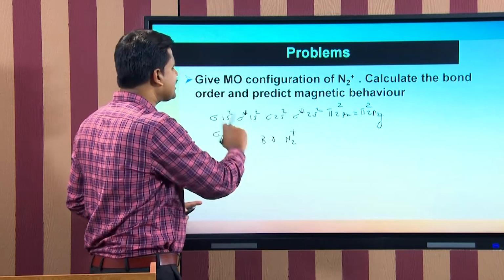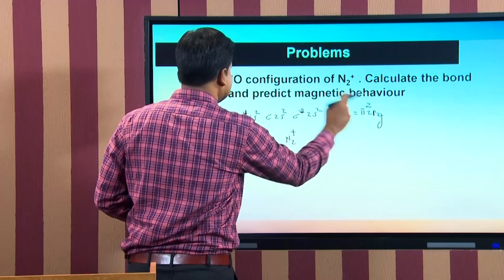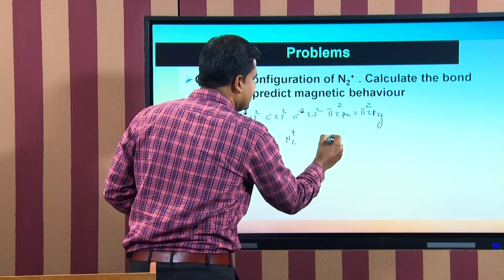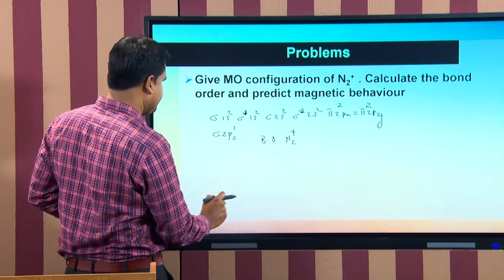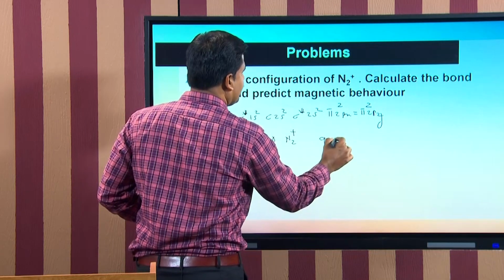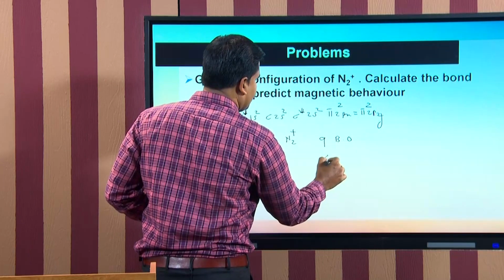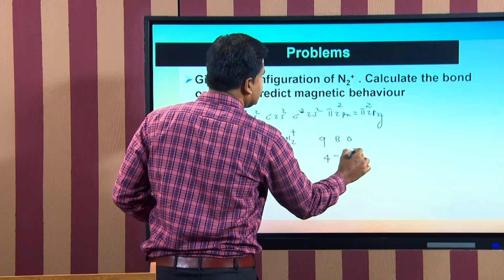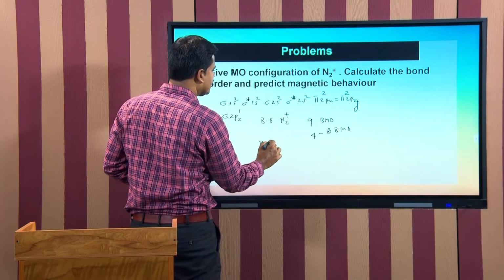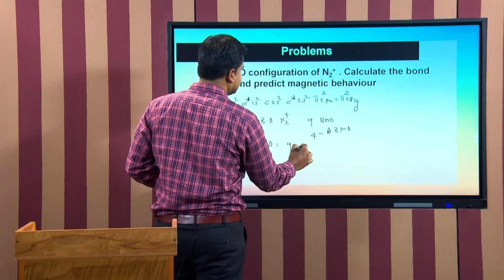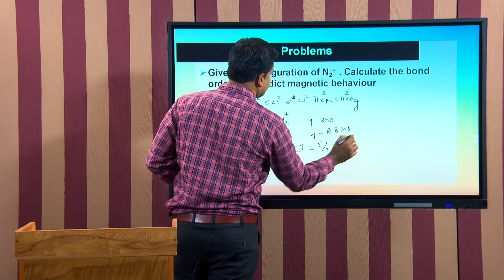In N2 plus there are a total of 13 electrons, out of which 9 electrons are present in bonding molecular orbitals and 4 electrons are present in anti-bonding molecular orbitals. Therefore, the bond order is equal to 9 minus 4 by 2, that is 5 by 2, that is 2.5.